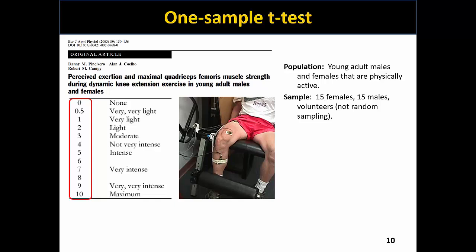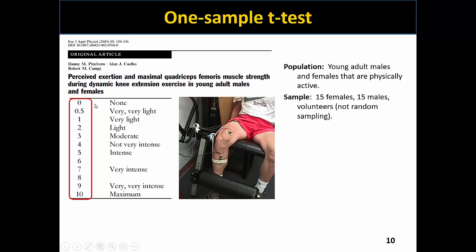The objective of this study was to match a person's physical actions, in this photograph a person lifting weights using a standard knee extension device, to what they perceived as the level of effort to lift that weight. That was measured with this scale here.